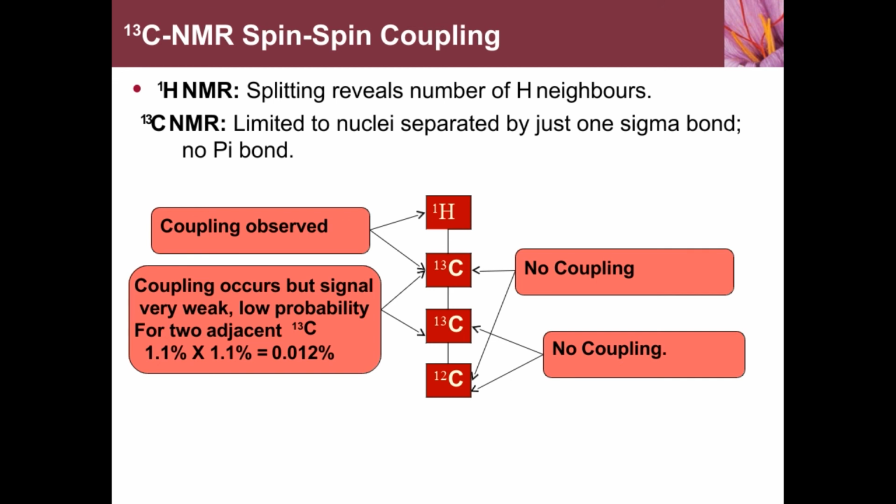Therefore it is very weak coupling in C13. There is no coupling observed between C13 and C12, because the C13 abundance is very low and C12 abundance is very high; there is no coupling observed between C12 and C13 because of their abundance.